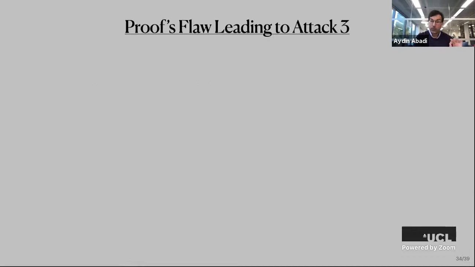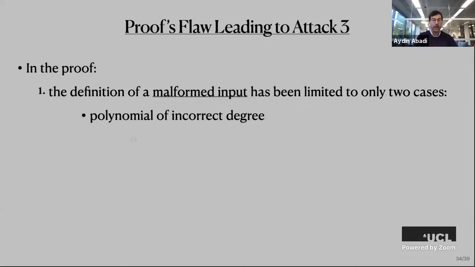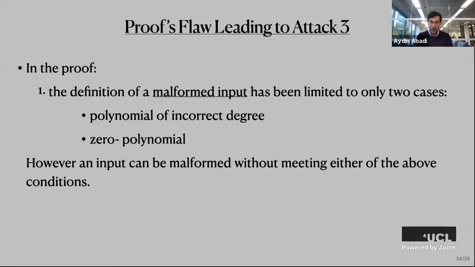The main two flaws in the proof that led to attack 3 remaining undetected are as follows. In the OPS proof, the definition of malformed input has been limited only to 2 cases. They assume an input is malformed if the polynomial is of incorrect degree. They have defined what correct degree means, and if the input polynomial is zero.